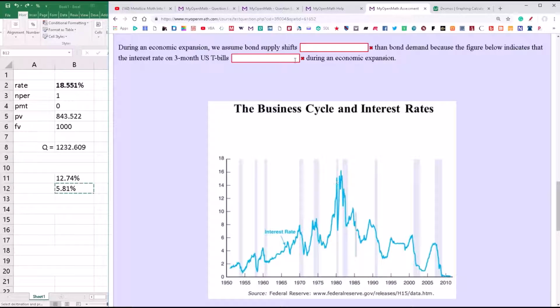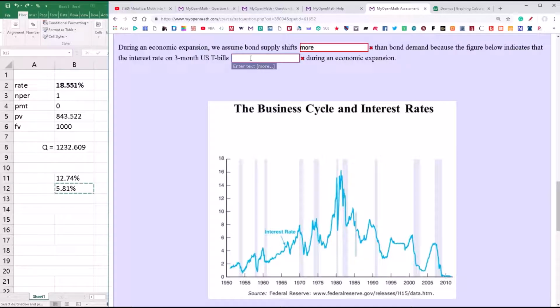Okay, so this graph is saying that it's okay to assume that bond supply shifts more than bond demand, as this figure shows.